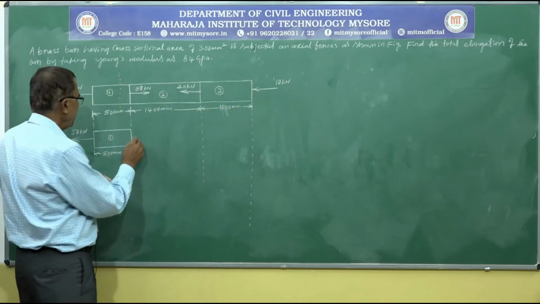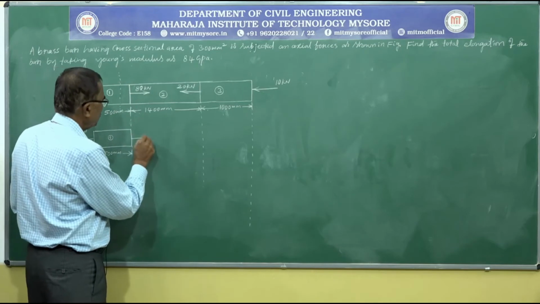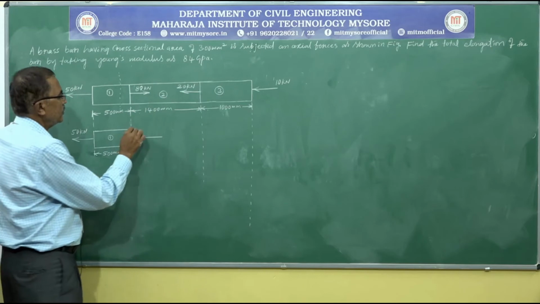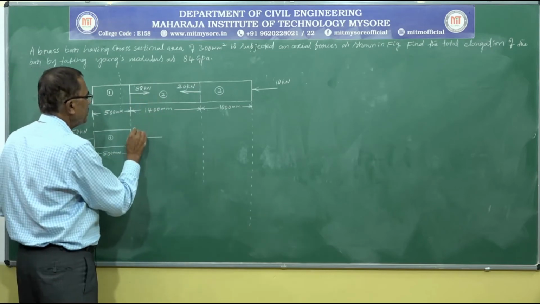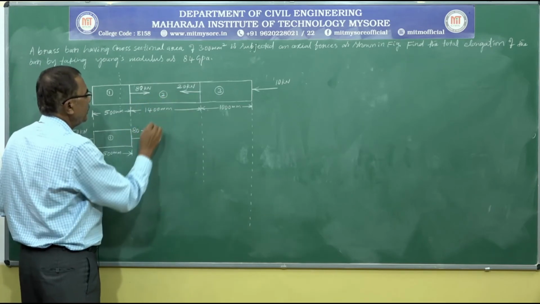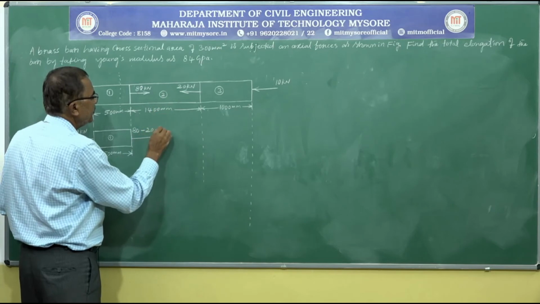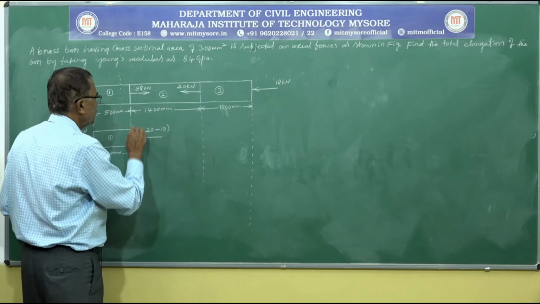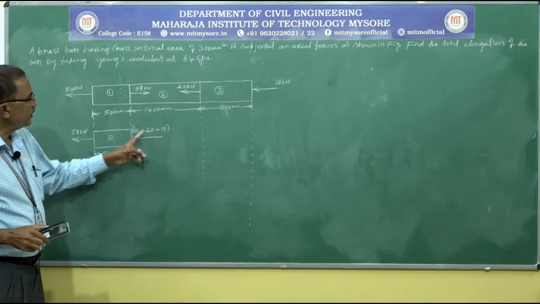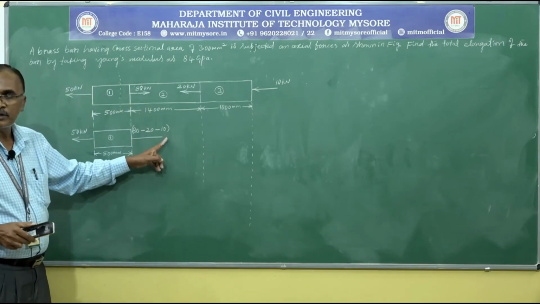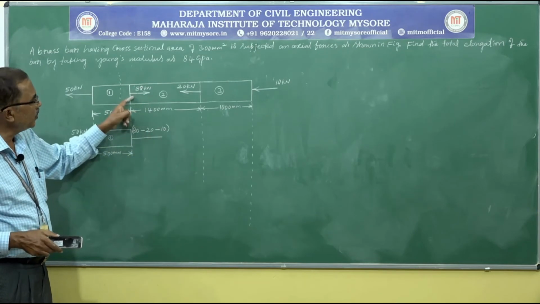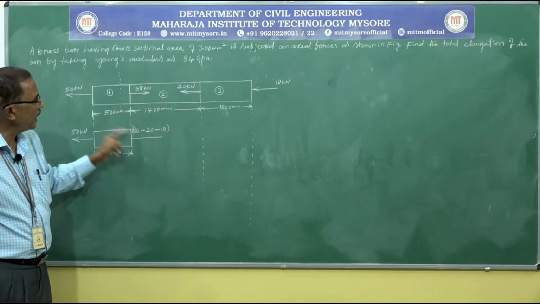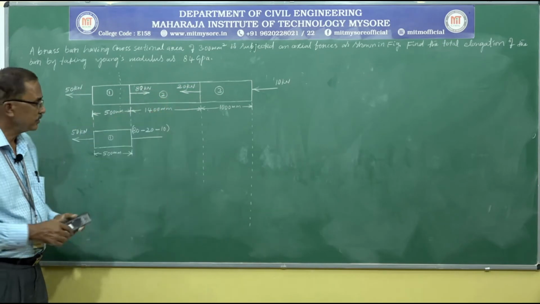10. Same thing I can write here, just draw a line without mentioning the direction. So 80 is acting in the rightward direction, 80 minus 20 acting in the leftward direction, again minus 10. So 80 minus 20 minus 10 gives us 50 kilonewton, and that remainder load is acting in the rightward direction.